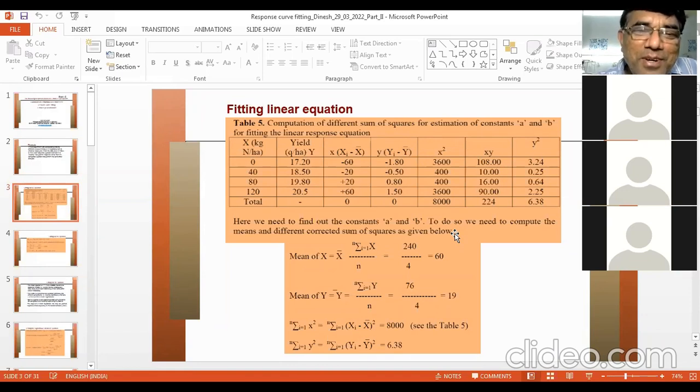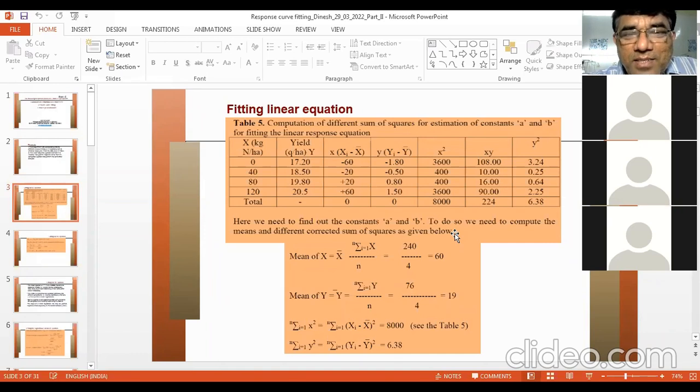You are the first to point it out. It looked like this was being multiplied, then 0 minus 60 gives minus 60. Mathematically it is incorrect, and I am thankful to you for finding this mistake. I was thinking that you were not able to understand this simple thing, but mathematically it is wrong. I make a promise that I will correct the mistake which I could not correct in the last 20 years. You got me. So definitely it has to be x is equal to xi minus x bar.